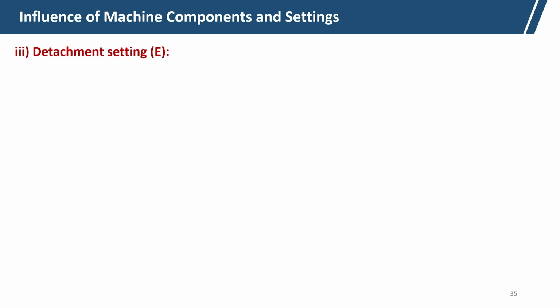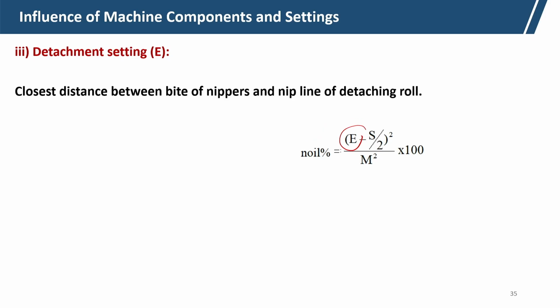So, the influencing parameters on Noil percent: you can see that as E increases, for both cases, the Noil percent increases. E is the closest distance between the bite of the nippers and the nip line.